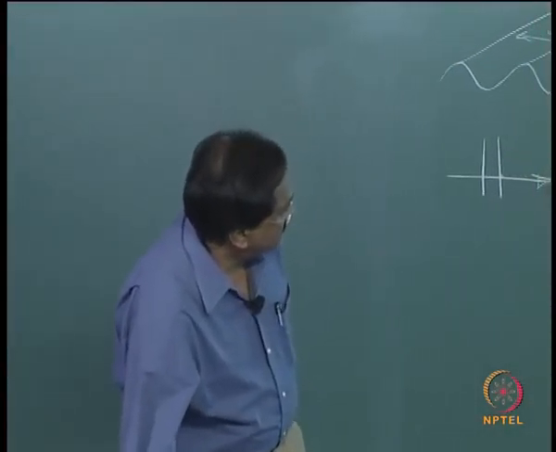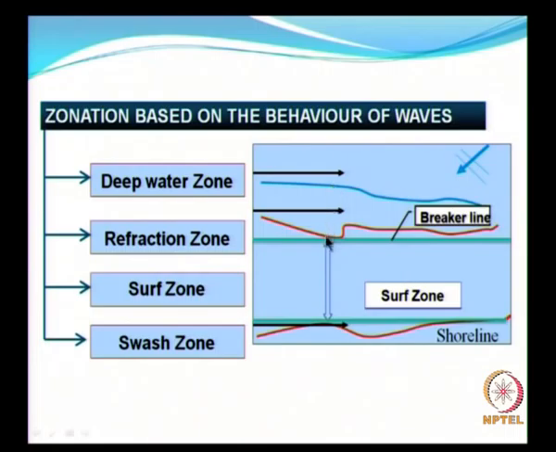So, here in the refraction zone, the waves start bending. The simple definition is that waves start bending, and this phenomenon is called refraction. That is a simple explanation, but we will see the details later.